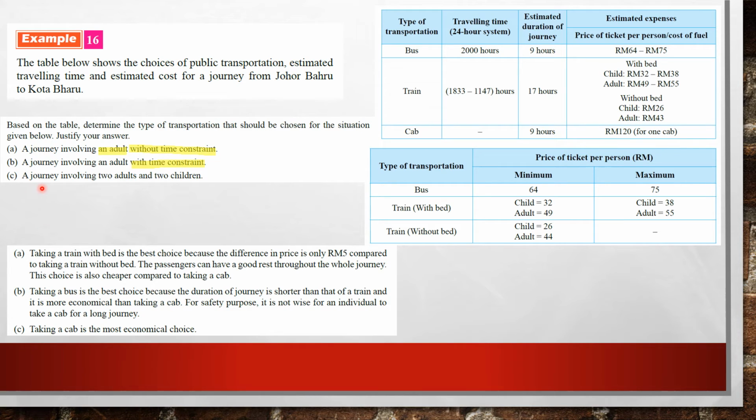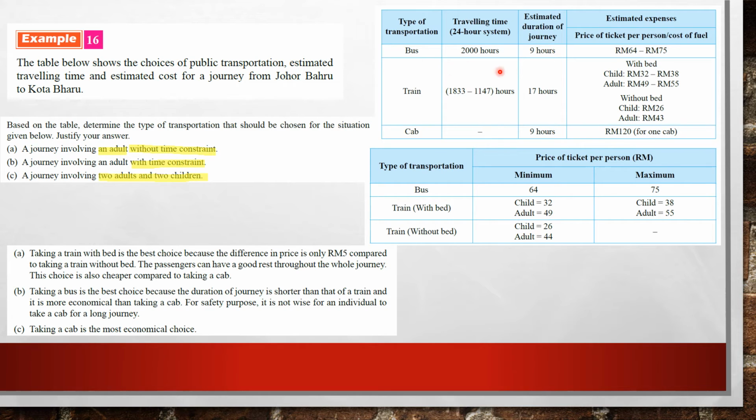Next, we look at part C, a journey involving 2 adults and 2 children. So this is a family, 2 adults and 2 children. When it is a family, it is better to take a cab, because they can take one cab with the price of 120.